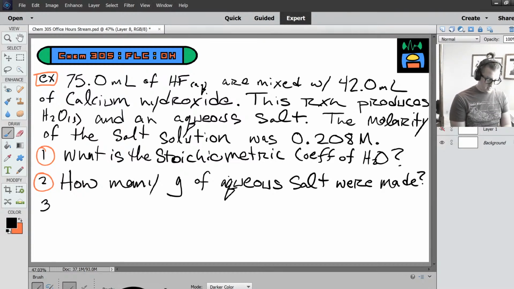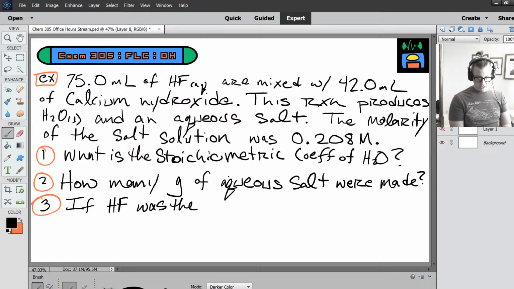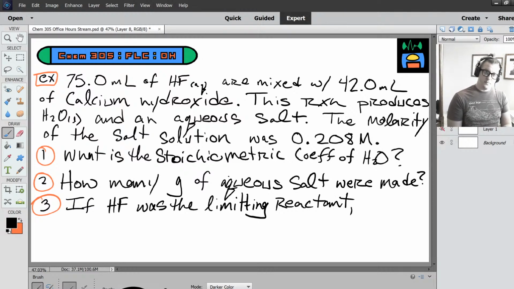And then 3, finally, if hydrofluoric acid was the limiting reagent, or limiting reactant, how many grams of it were consumed?